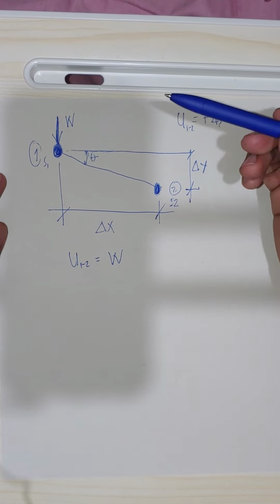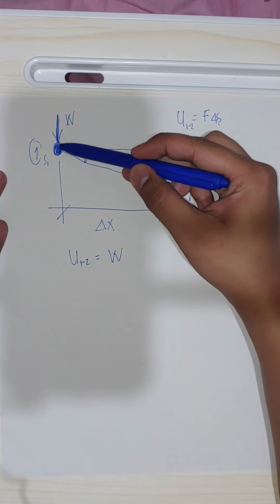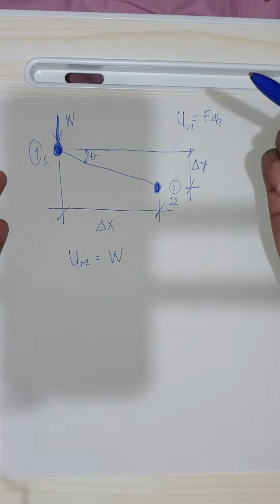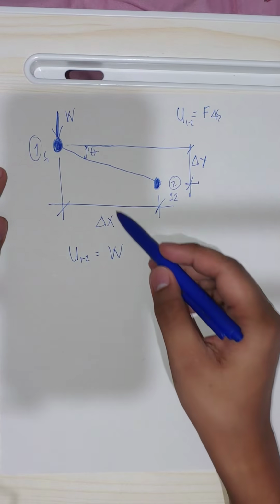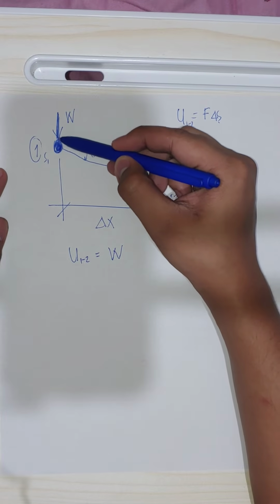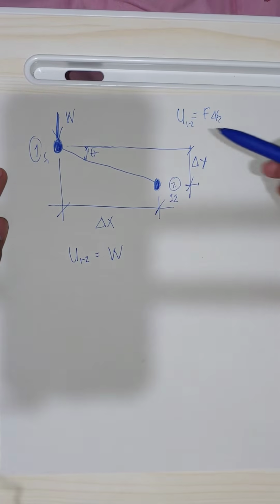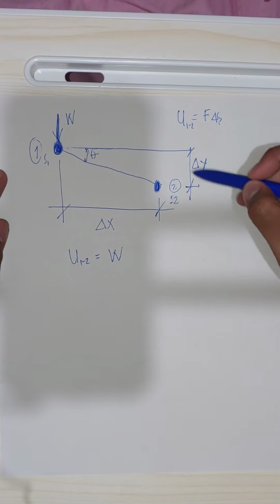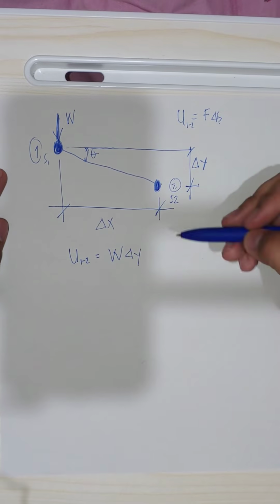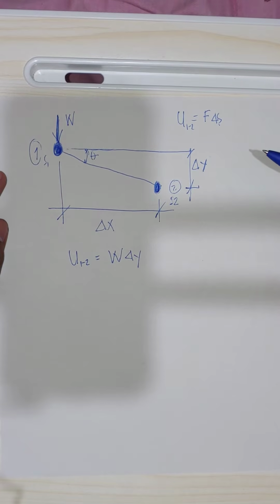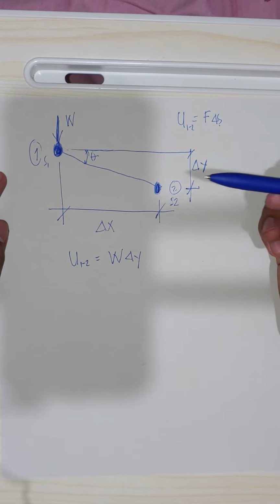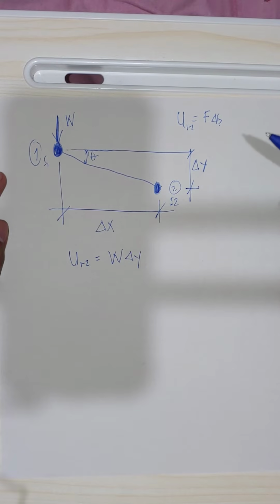Since the force is downward, or along the vertical, you should not get the distance along the x. If the force is vertical or going downward, then you are going to use delta y, or the displacement along the vertical component of the particle. Actually, work has units. It can be positive or negative.